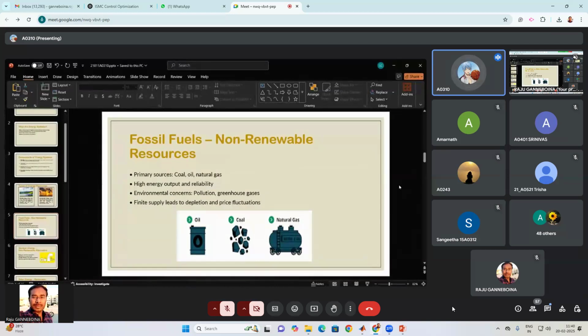Fossil fuels are also the most popularly used energy resources because of their availability and high energy output. They cause pollution. They also produce greenhouse gases. And because of their finite supply, they may deplete in the near future, and there are also price fluctuations because of their availability and demand.